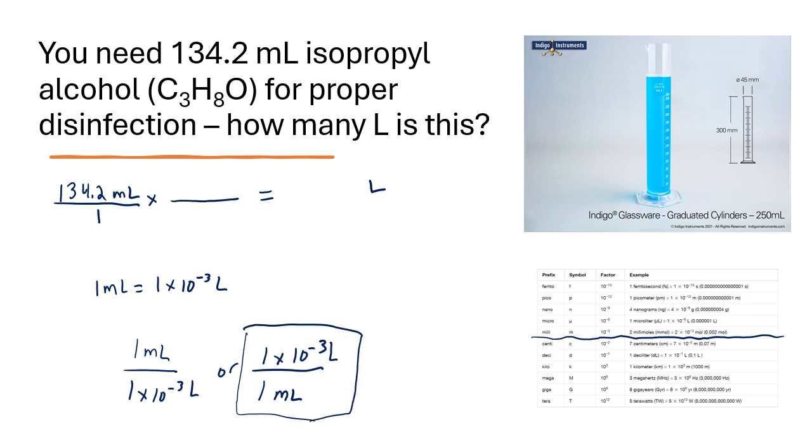That will allow me to cancel the milliliters and arrive at liters. So I see that I should do 1 times 10 to the minus 3 liters per 1 milliliter. That way, when I make this multiplication through, because milliliters is found on the top and on the bottom, they will divide out and cancel each other. And I will be left only with the liters unit, which should give me my answer.